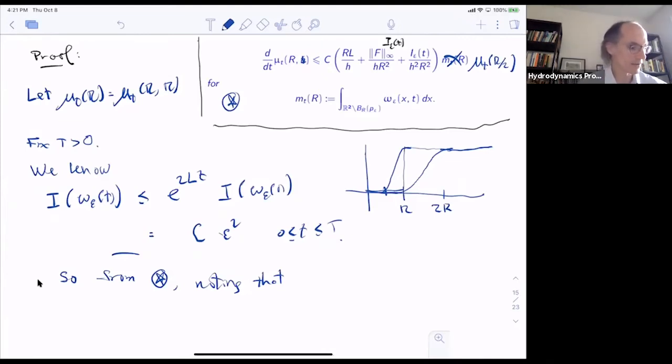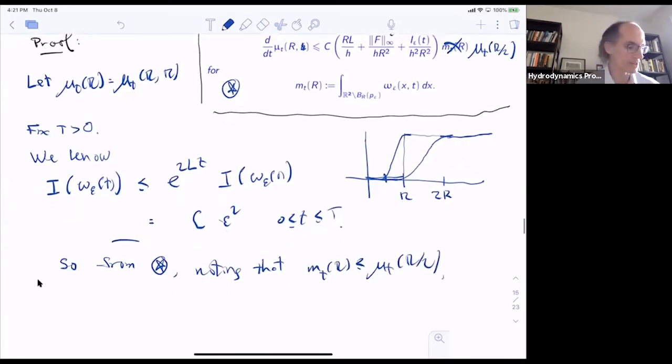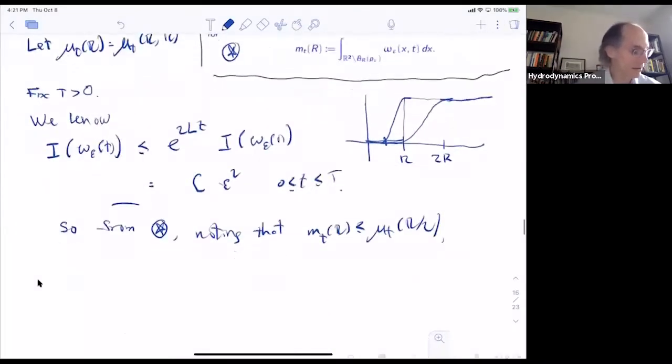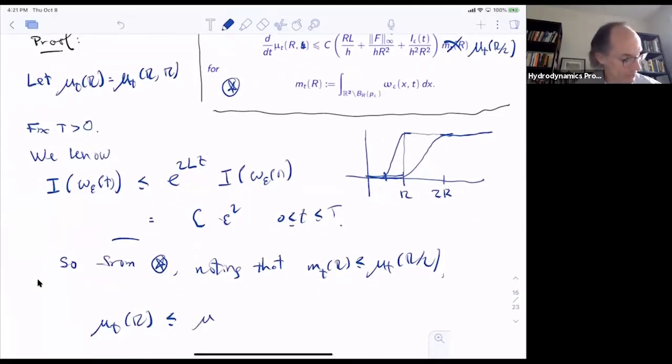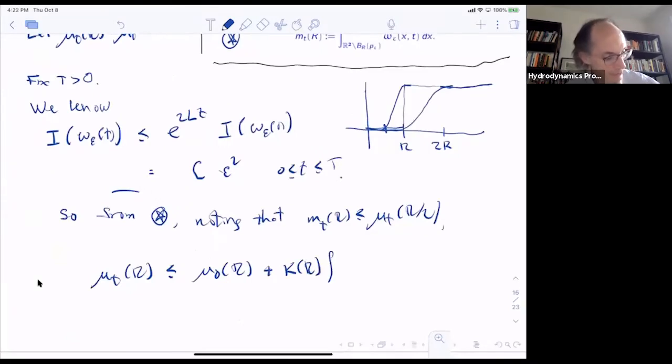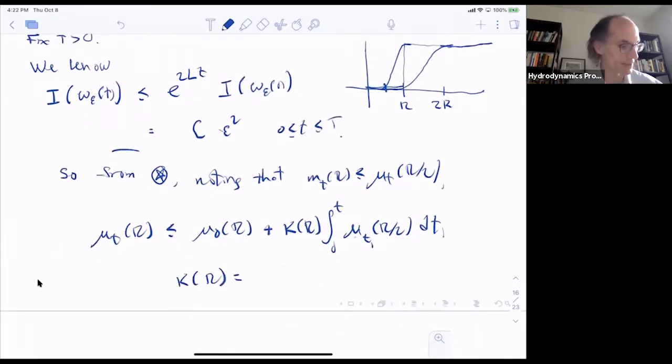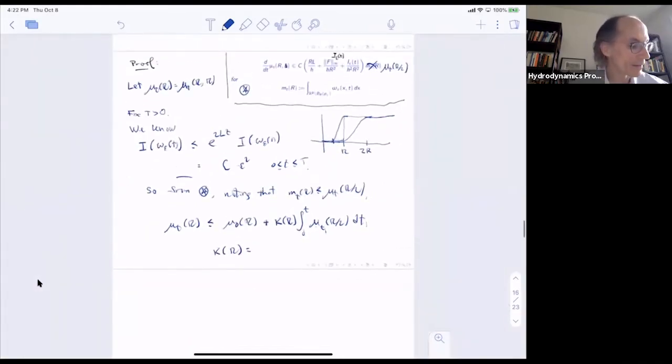And so for m_t of r, I'll just integrate this inequality: mu_t of r is less than mu_0 of r plus, let's call it, kappa of r times the integral from 0 to t of mu_{t1} of r over 2 dt1, where kappa of r is this constant, c r L over h plus the L-infinity norm.